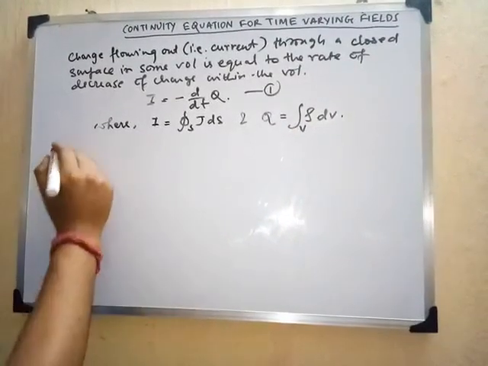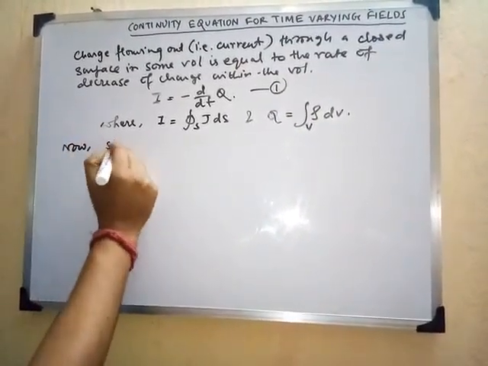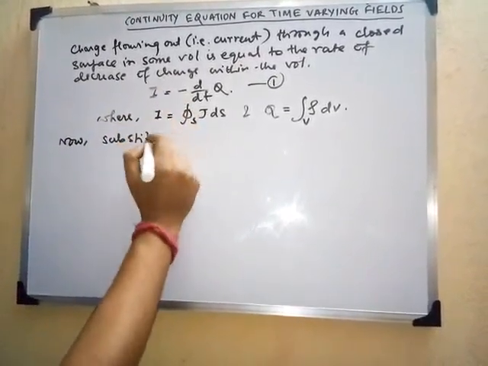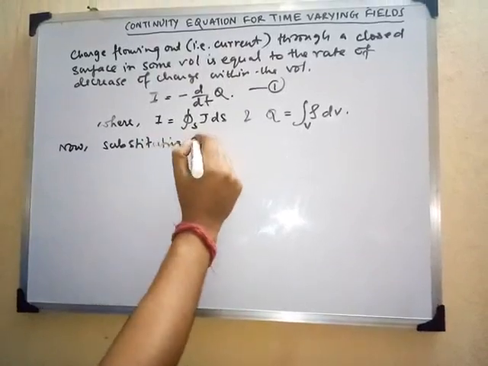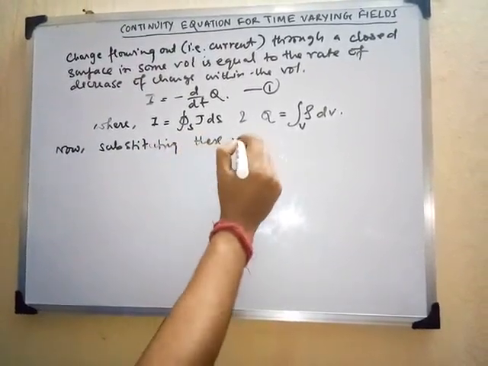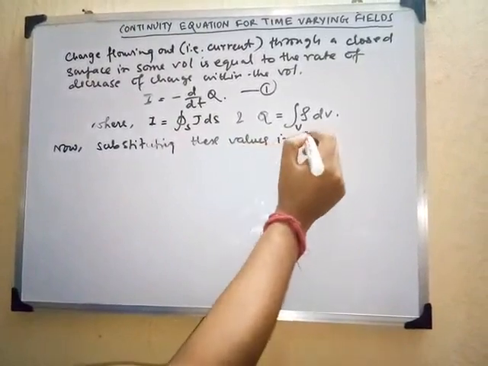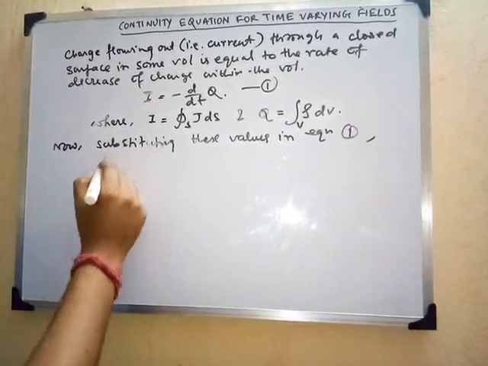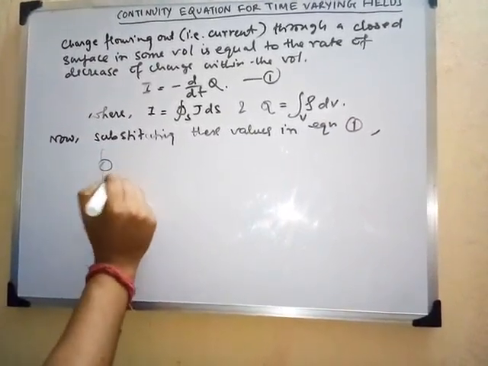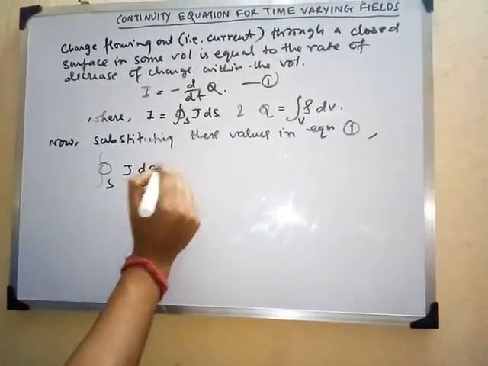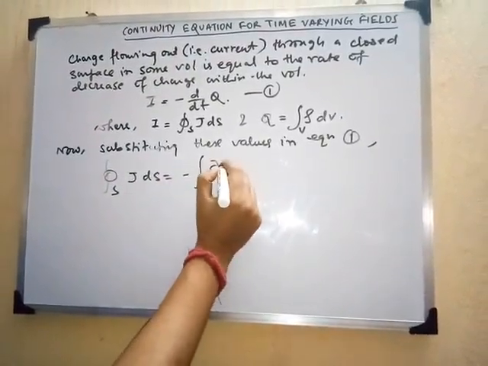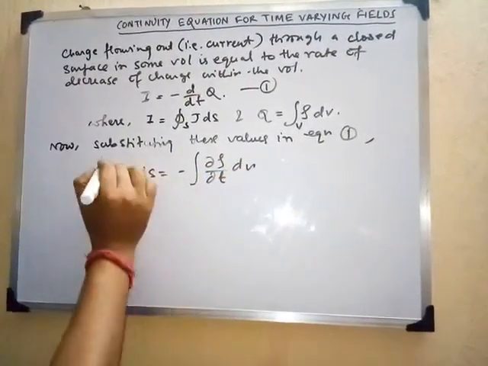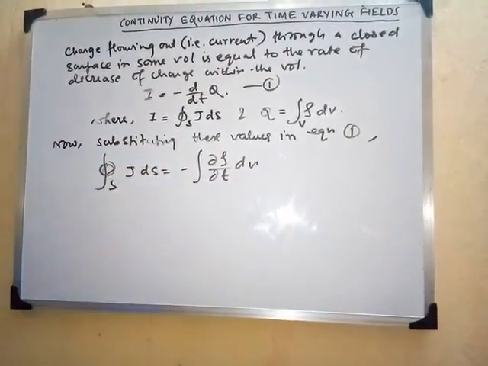Now we will substitute these values in our equation 1. So what will appear is the closed surface integral of J dS equals the negative of the volume integral of del rho by del t dV.